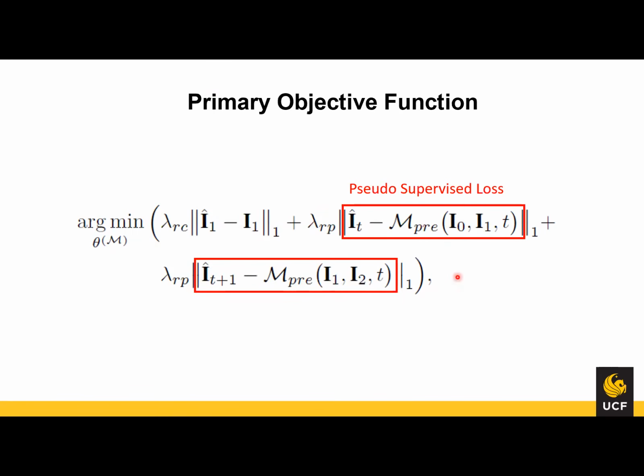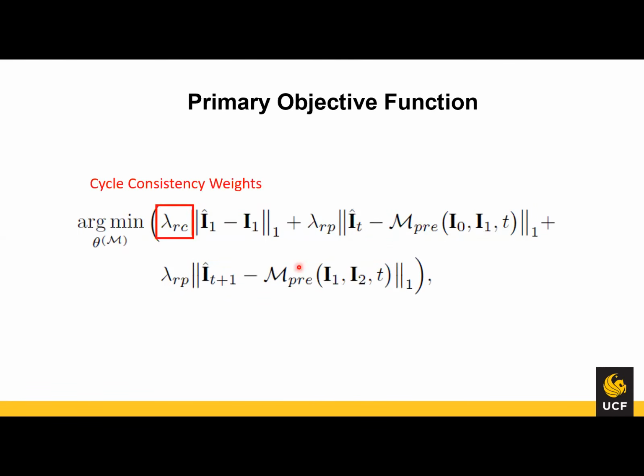Here are both of them, and what we're passing in is the first set of consecutive images and a timestamp. We're finding the loss between this and what's being generated from our pre-trained network. This is done for both the first and the second consecutive sets of images.